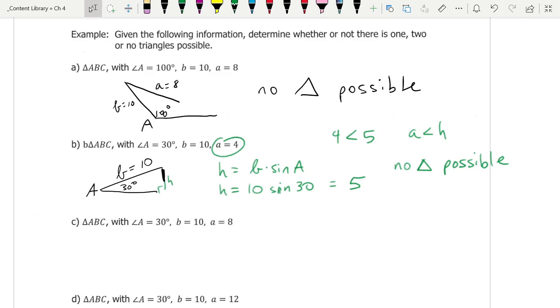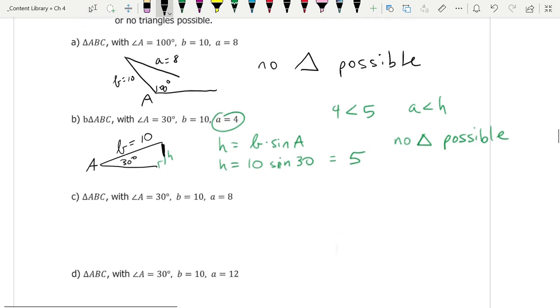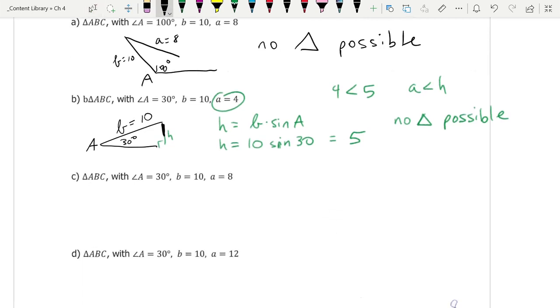So of course we're going to stick with 30 for the next couple of examples because that one we're familiar with. So what if I give you a 30-degree angle, and this time B is 10 again, but this time A is 8. This is the situation where, again, there are two triangles.